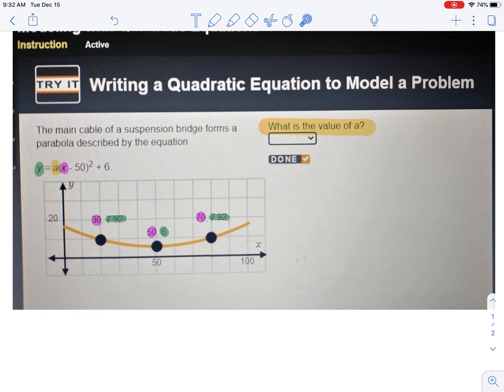Then we'll replace one of these pink x coordinates into x and one of these green y coordinates into y. Then you'll notice that the only variable we have is variable a. Then we're going to solve for a, and you will be able to obtain an answer.